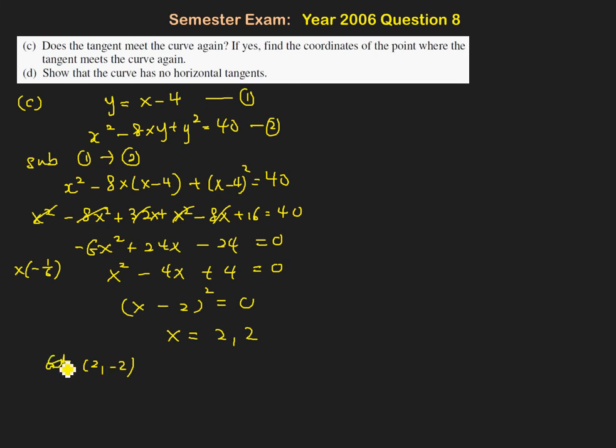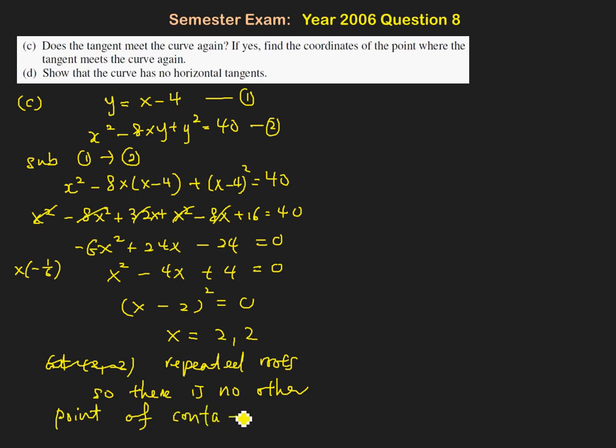So therefore you can argue that this is a repeated root, and so there is no other point of contact. In other words, we're saying that the tangent does not meet the curve again, and so we do not have to find the coordinates of the non-existent point, because there's no such point. The only point is (2, -2) given earlier.